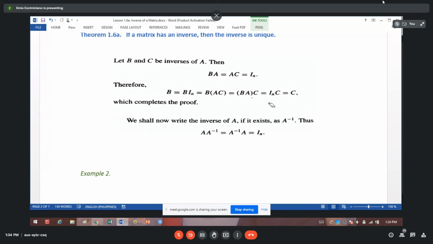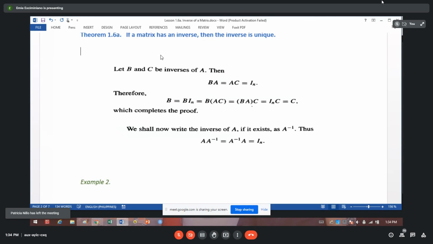Okay. If a matrix has an inverse, then the inverse is unique. So, ito ay proof lang, class. This is just a proof. Some of the properties that I'll be discussing have no proof.